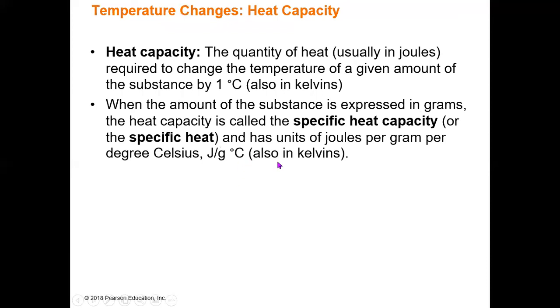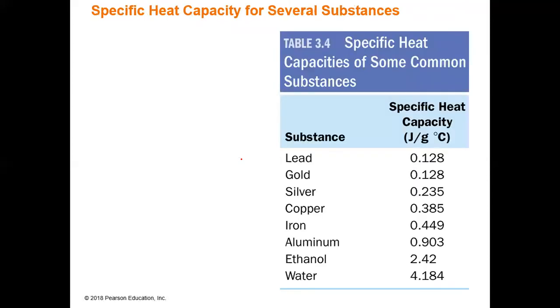And so we have these two different capacities. Which one we use usually depends on the content of the problem, so we will see which capacity we use. This table tells you some common matter and their specific heat capacities, written here with this unit.